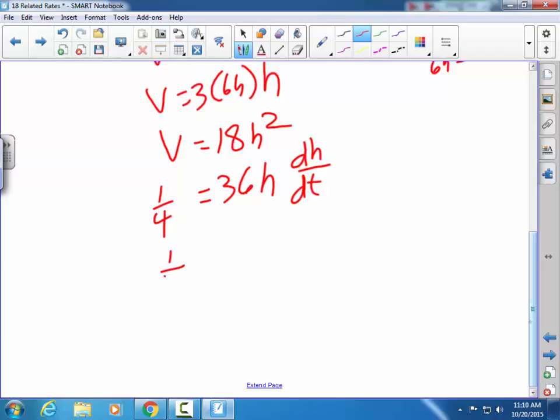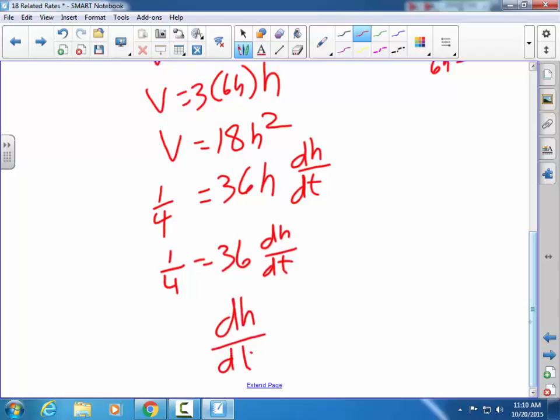So we've got 1/4 equals 36 dH over dt. So we can find that dH over dt is 1/144th per minute. It's rising 1/144th of a unit per minute.